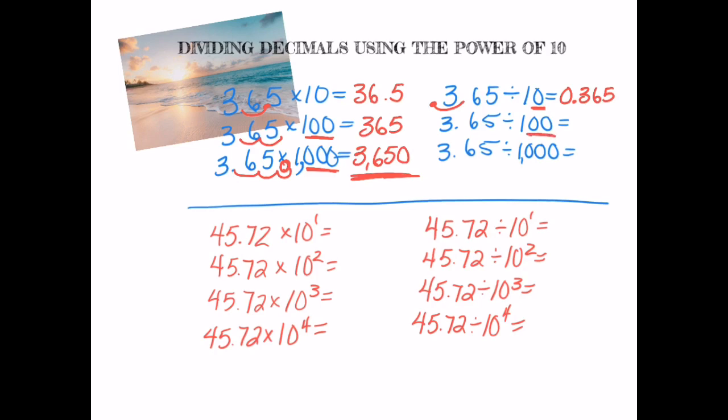Now, I have to move it over twice, but here I have nowhere else to move it. I'm going to add a 0 in the tenths place value. So 0.0365, which is actually 365 10,000ths, which you don't even need to know about in grade 5, but why not?